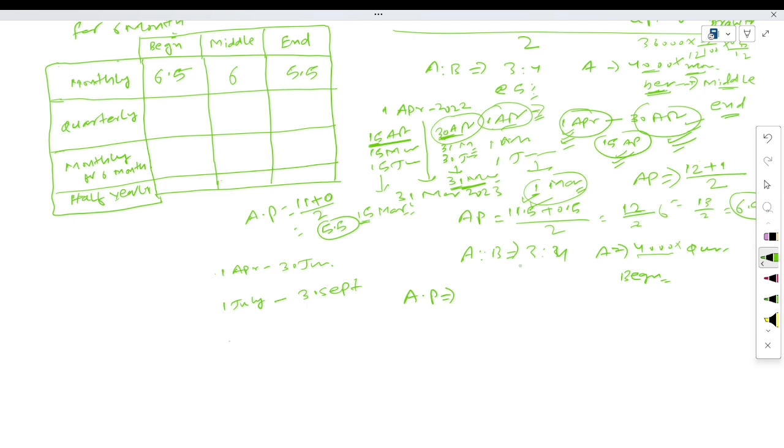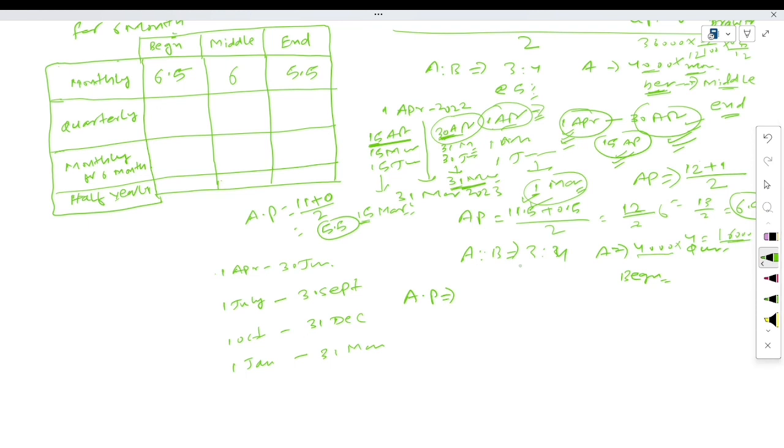Next quarter, 1st October to 31st December. And next quarter, 1st January to 31st March. This is your quarter. It means 4 times in a year the partner will withdraw the amount. Here the partner is withdrawing 4,000 per quarter. It means 4 into 4, 16,000 total amount of drawing here.